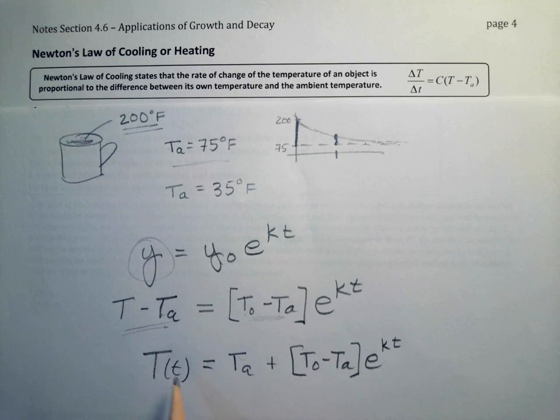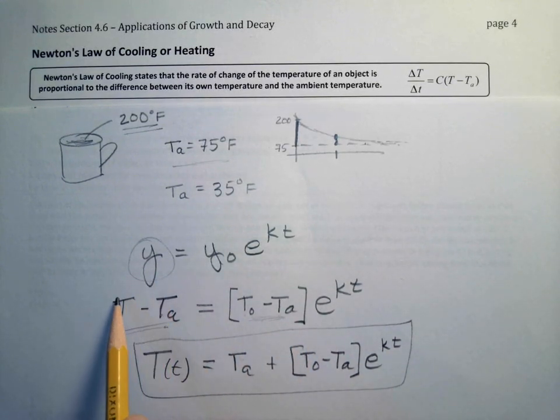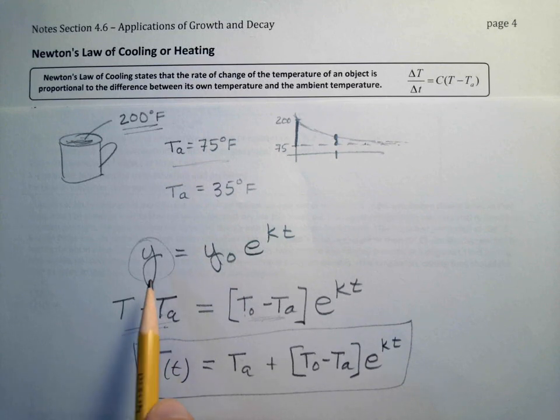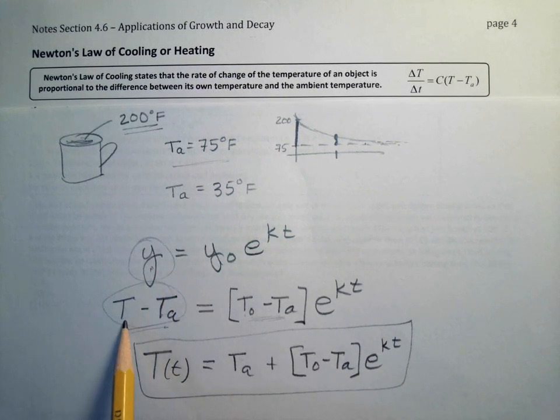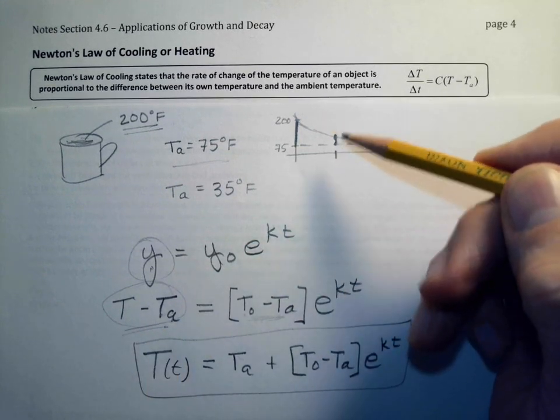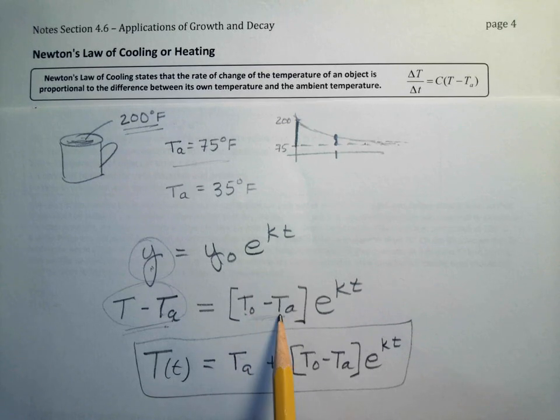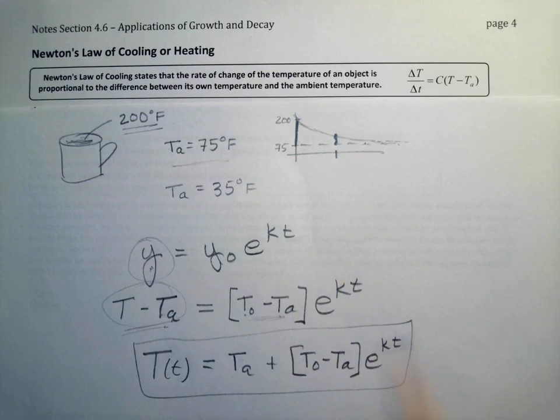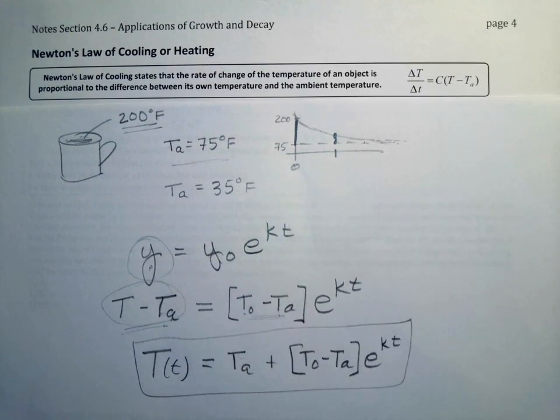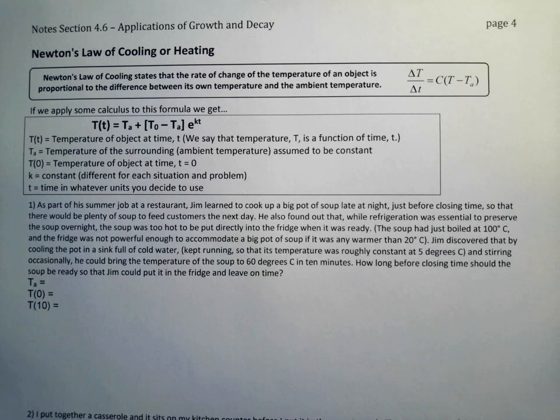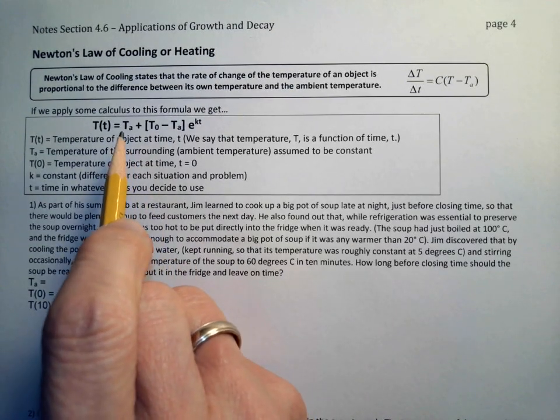Okay, so this is the formula that we use, but I just want to point out that the original formula is, instead of y, we have the difference of the temperature and the ambient at any given time, and then the difference of the initial and the ambient at the beginning of whatever we're calling time 0. And so that's kind of where we get this formula from.